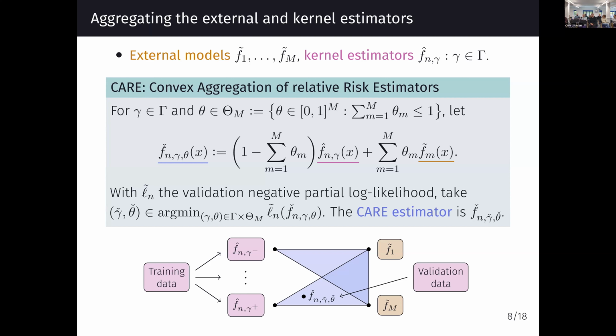Just the last thing. When you say SCORE2, you mean the point estimates that define the model. You're not assuming you have confidence intervals. That's right. This is purely predictive. So all you need is to be able to plug in a covariate and get a risk score out. It does need to be the relative risk. For example, if you go online and use SCORE2, it doesn't give you the relative risk.